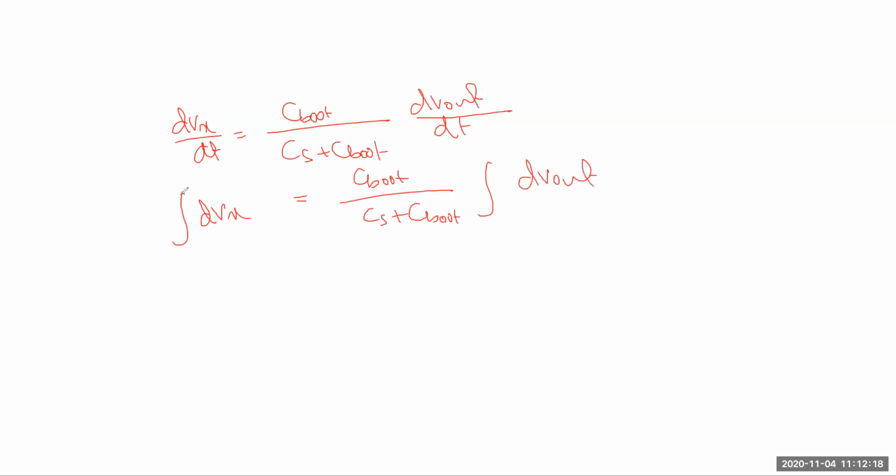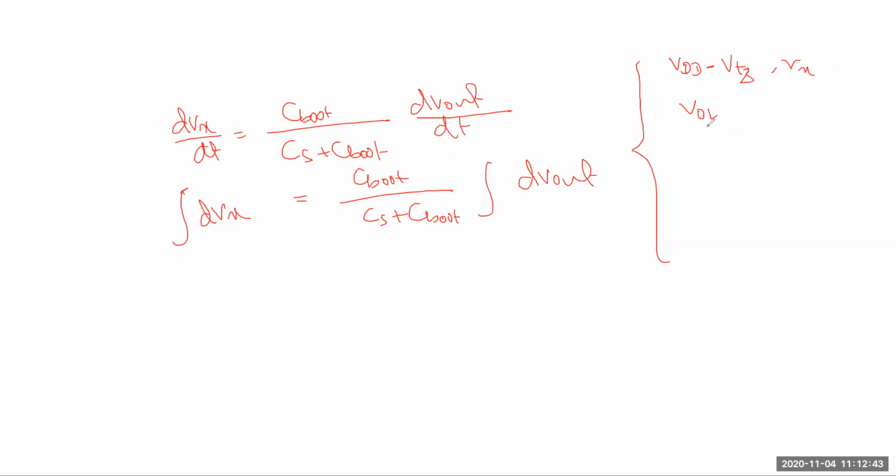Here the limit is, initially the Vx was VDD minus what? Initially VT3. Finally it will go to Vx. Here V out initially was VOL. When it was 1, that was VOL.